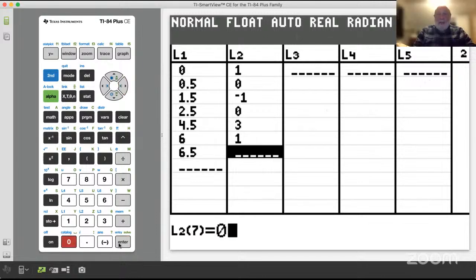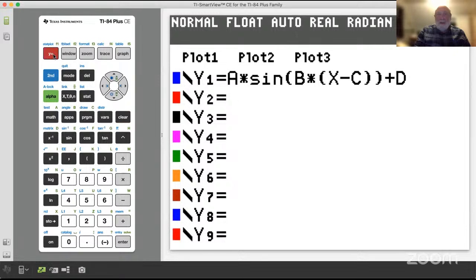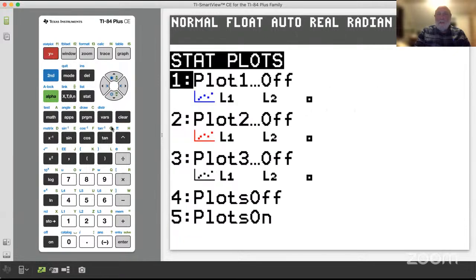Really, the key points are going to be the midpoints of the curve, where the inflection points are, and the high and low points. But we've got a lot of points here. And if we plot these, let me go to the stat plot, plot one.